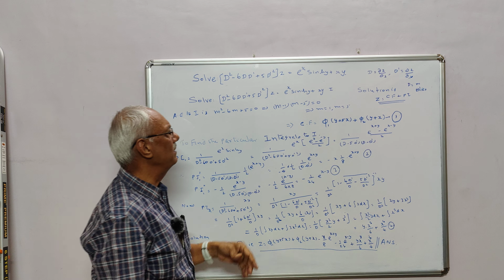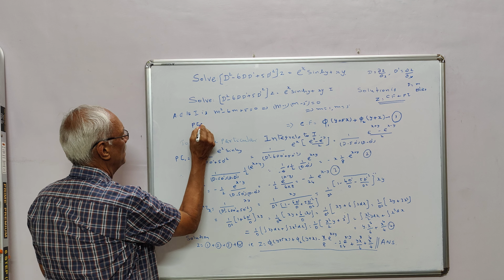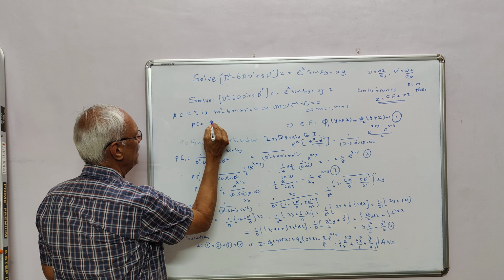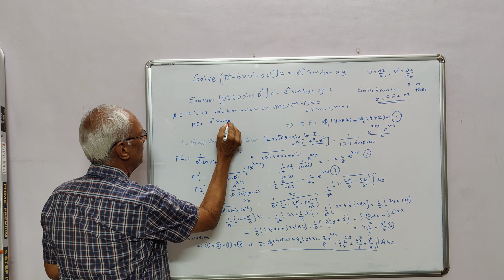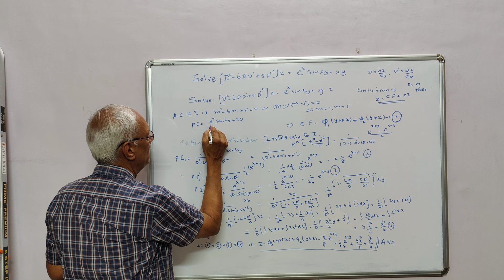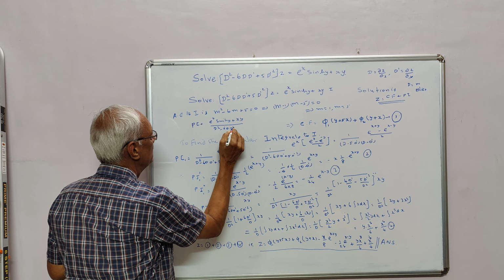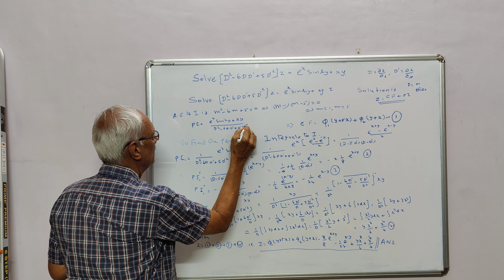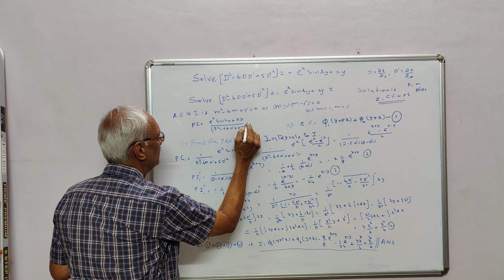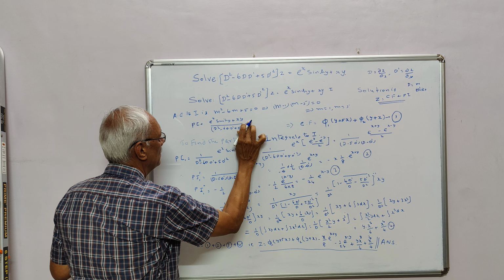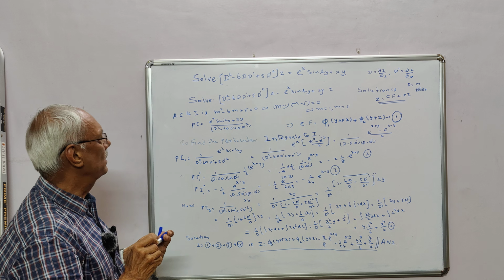Particular integral is equal to e to the power of x sinh y plus xy divided by D squared minus 6DD dash plus 5D dash squared. So this is the particular integral.